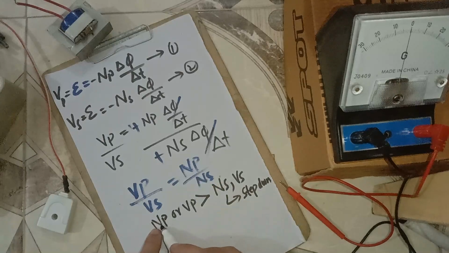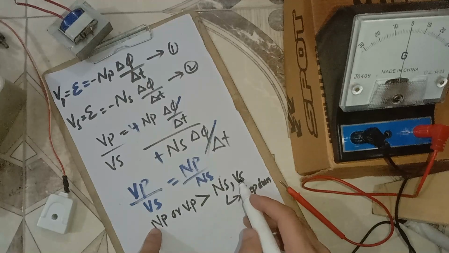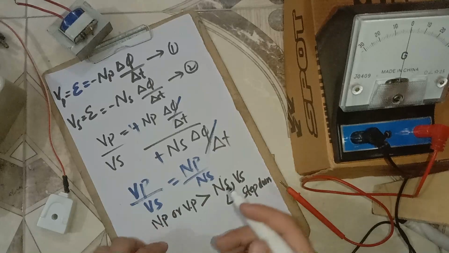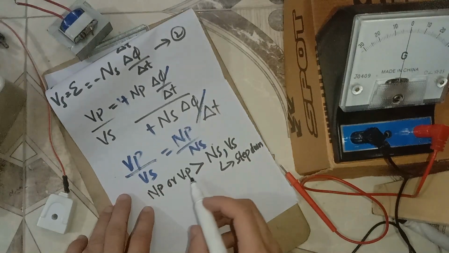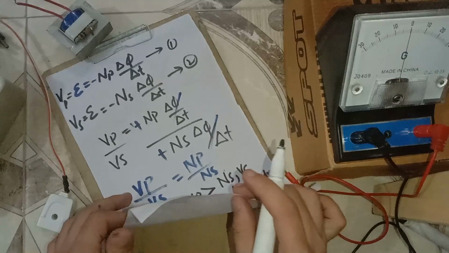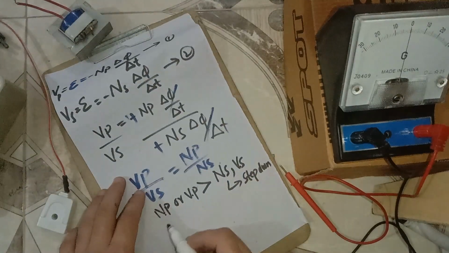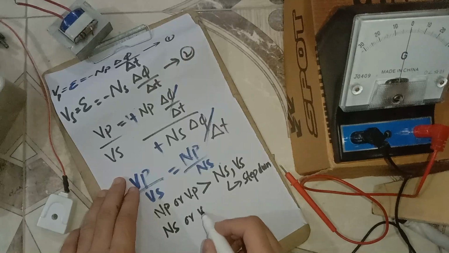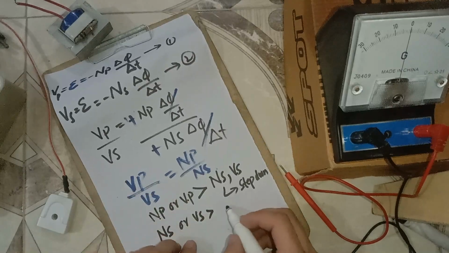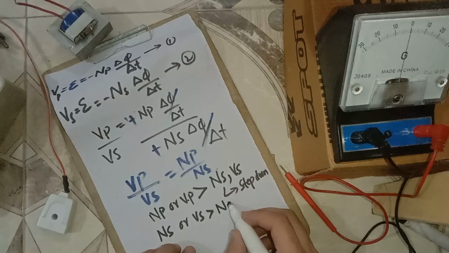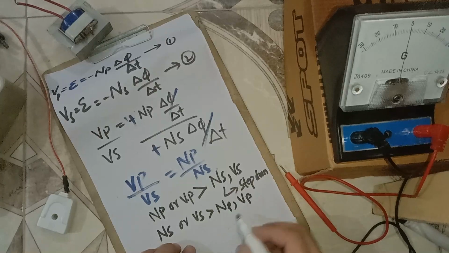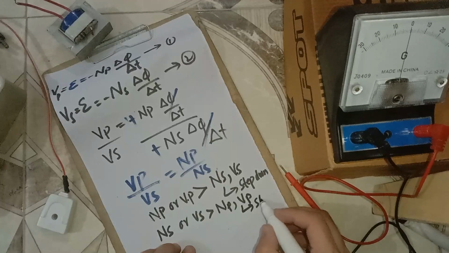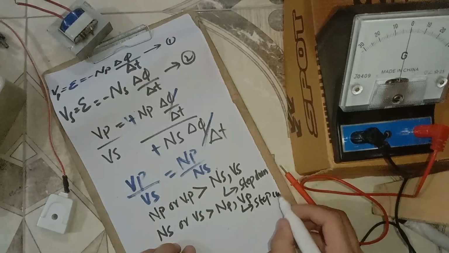So if Np or Vp is greater than Ns or Vs, we call this a step down transformer, and a step up transformer is when Ns or Vs is greater than Np or Vp. So we call this a step up transformer.